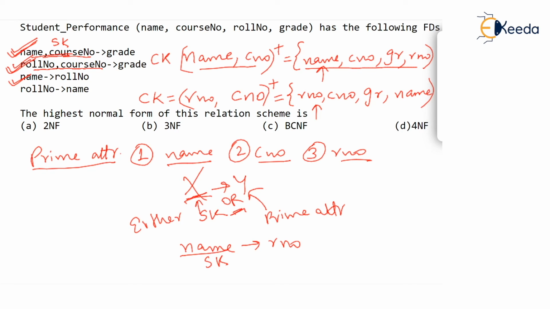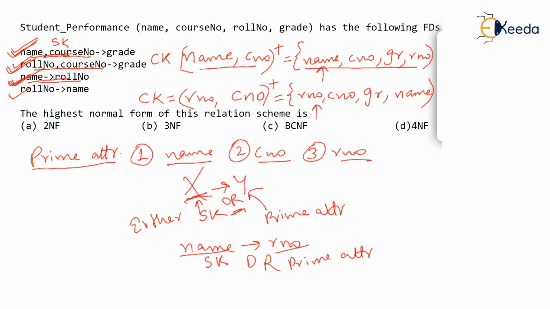Super key is either name comma course number or roll number comma course number or something added to those candidate keys. But the right hand side is a prime attribute. Check that roll number is a prime attribute. Then either of these two are true, correct or not. Either left hand side has to be a super key or right hand side has to be a prime attribute. So this third dependency, name determines roll number, is also in 3NF.